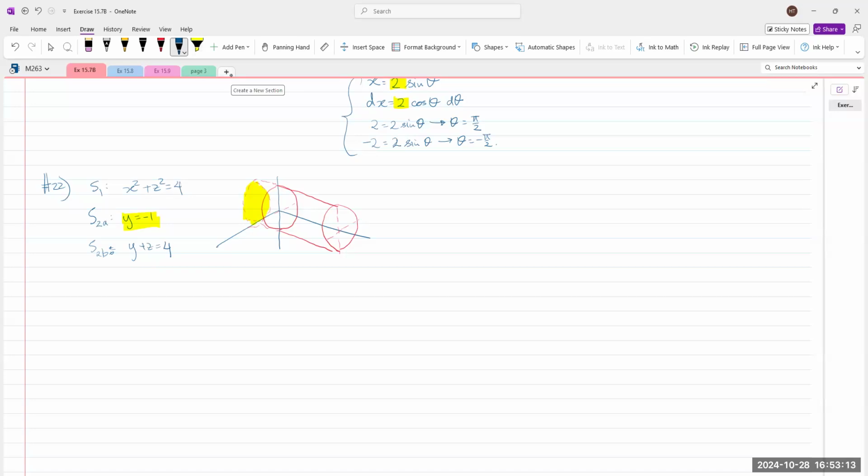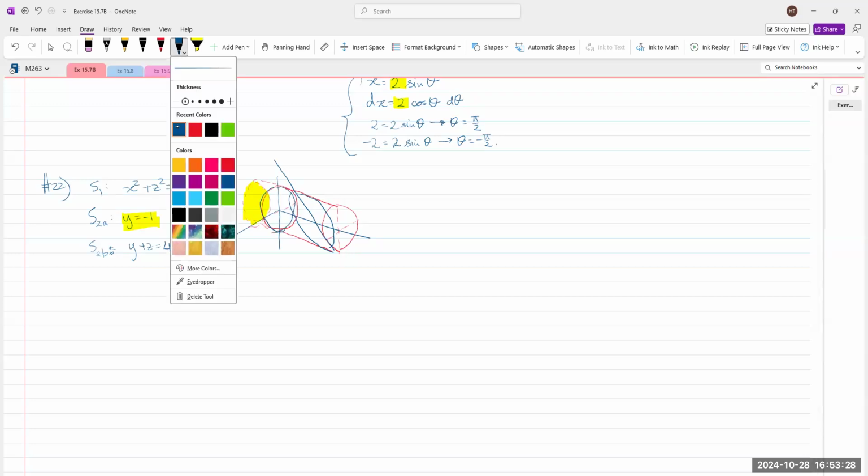So imagine you have a plane cutting this way, so it gives us this cut.